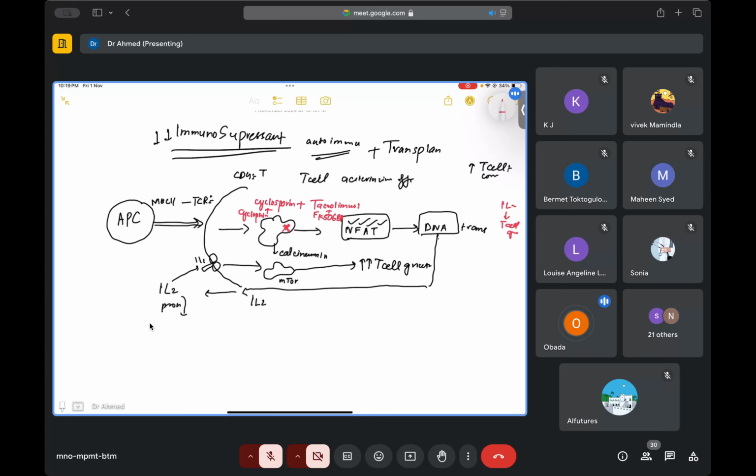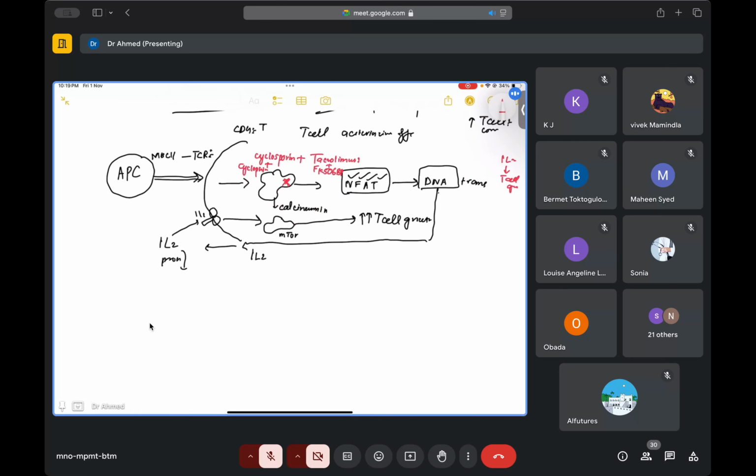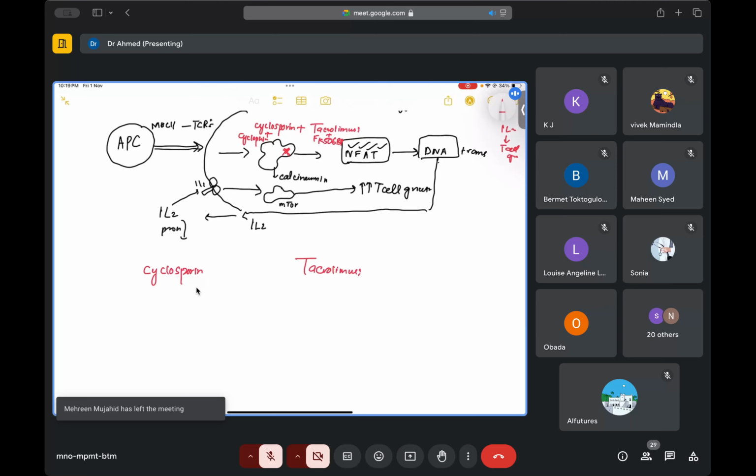So let's talk about cyclosporin and tacrolimus. What's the mechanism of action?